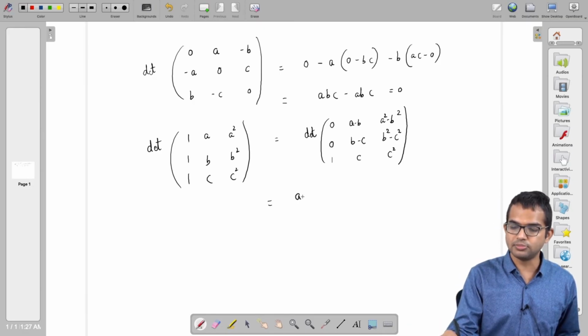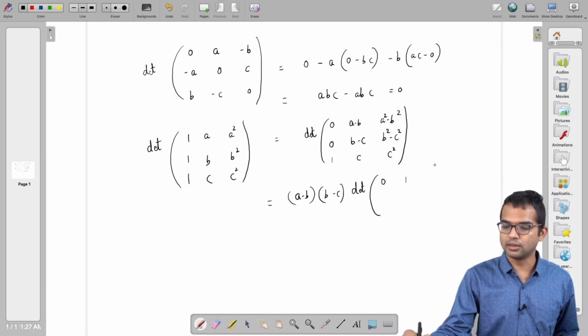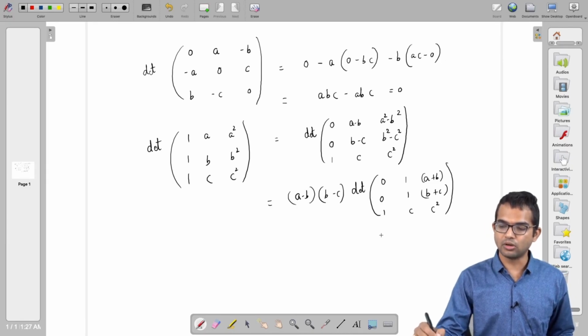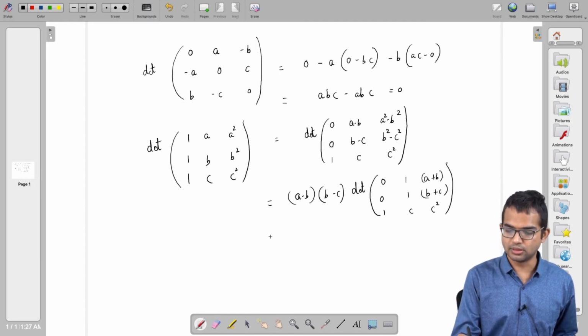So I have A minus B times B minus C times the determinant of 0 1 A plus B, then 0 1 B plus C, and then 1 C and C squared. Now of course I can just evaluate this determinant going along the first column. So then I just have 1 times this determinant that I have to evaluate.